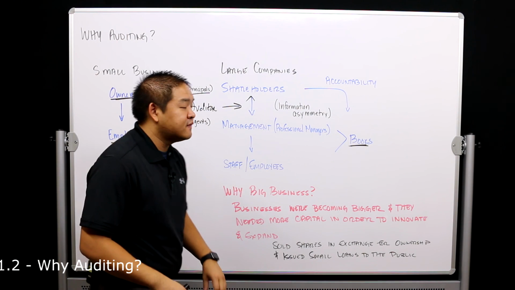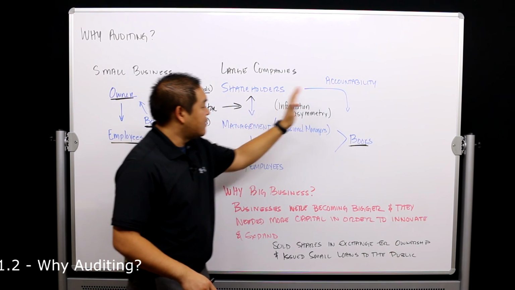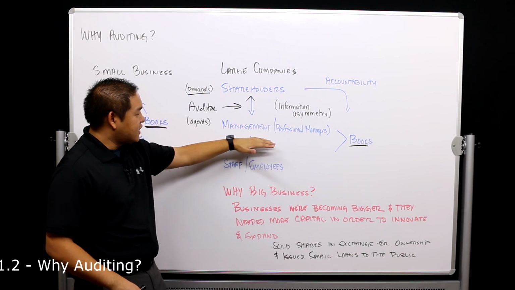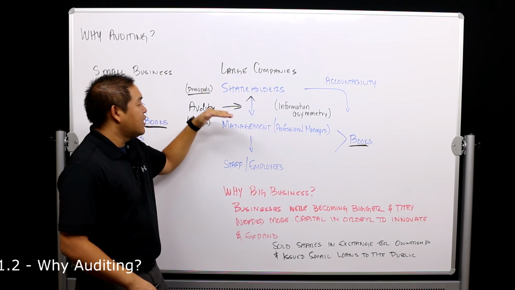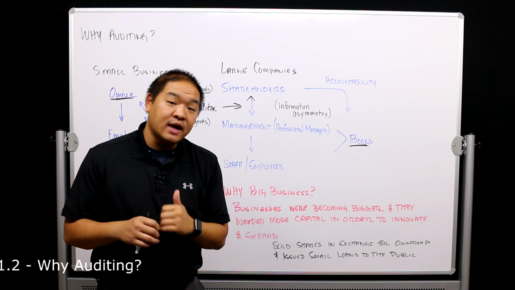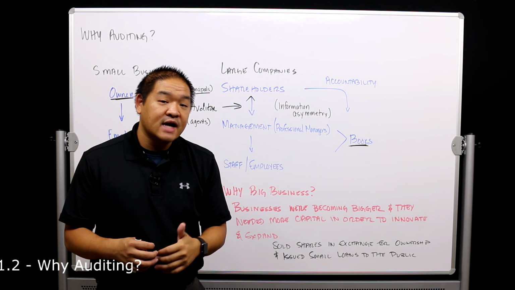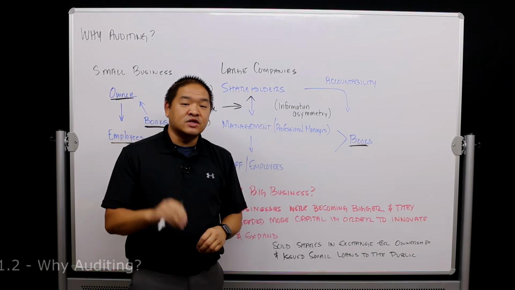And that conflict of interest then doesn't allow shareholders to have good accountability of management, and therefore we have auditors who will do an audit in order to reasonably say that the financial statements are appropriate in nature based on the audit tests that the auditors do on management's assertion in the financial statement.